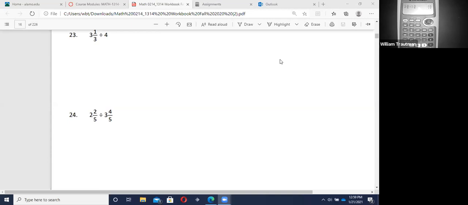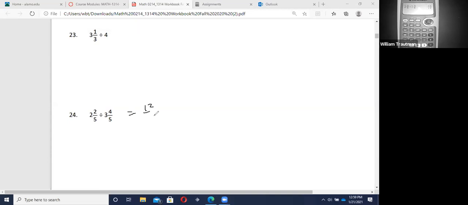You see, 19 can't go into 12. So you can't have a mixed number answer. So when you divide these two, the answer is just 12 over 19. And that is the end of fractions part 1.